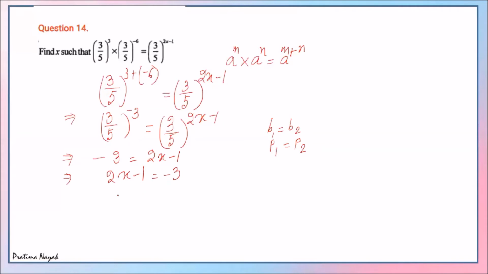I'm taking x terms on the left hand side. So 2x is equal to minus 3 plus 1, which is minus 2. So your x is equal to minus 2 upon 2, that will be minus 1. So this is the answer of this question.